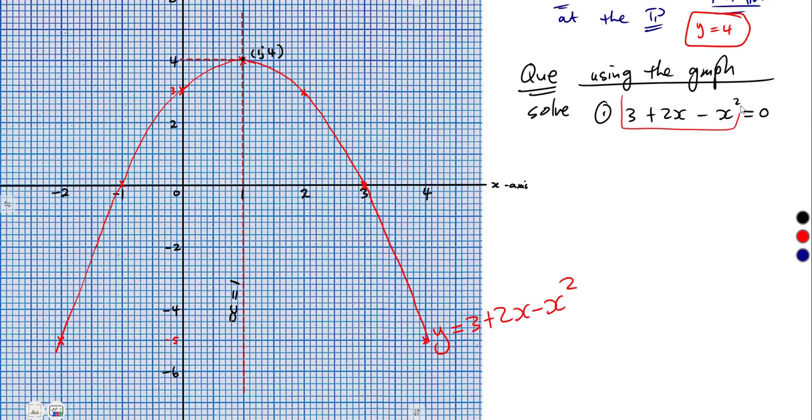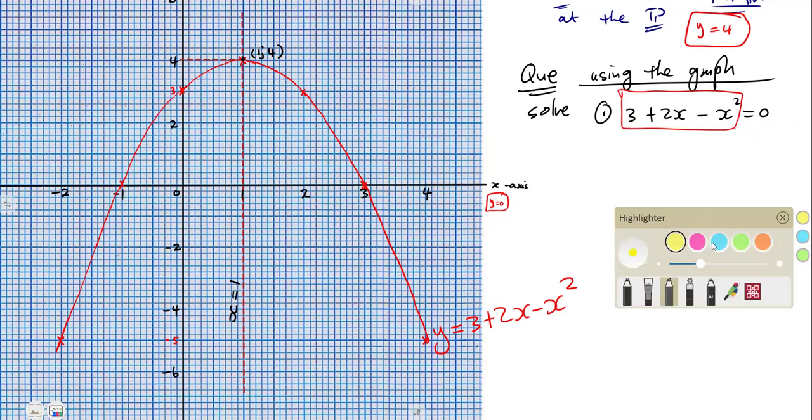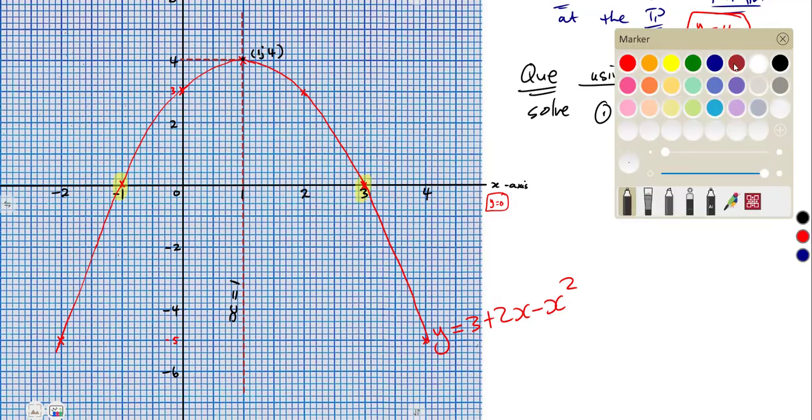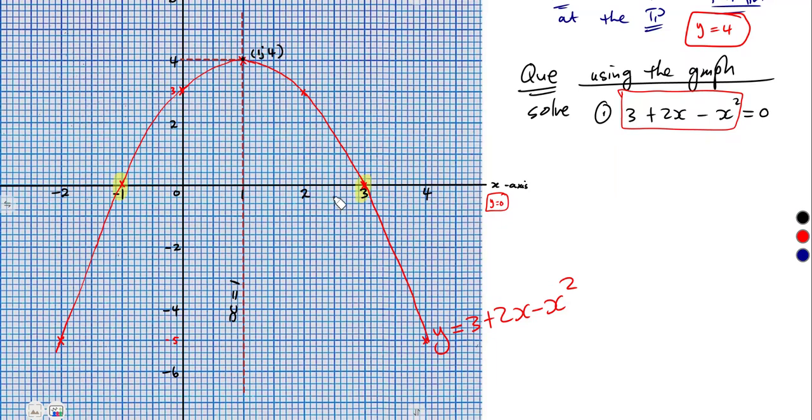When this whole function is equal to 0, that is where, in the x-axis, y is equal to 0. Where the graph intersects the x-axis, at this point and at this point, those x values are our solutions to the given function.